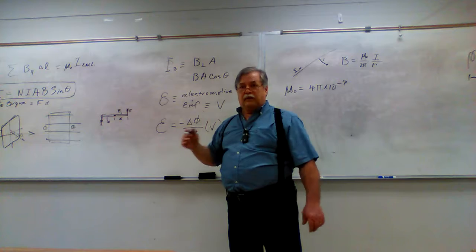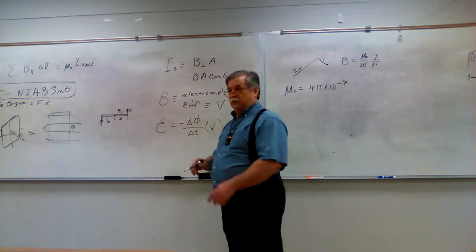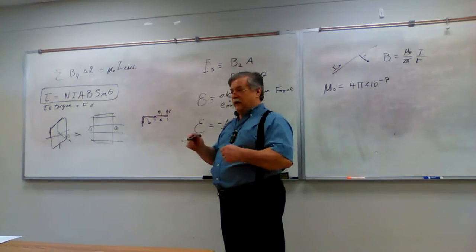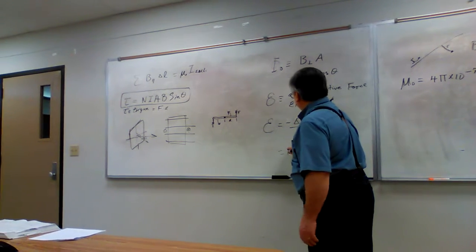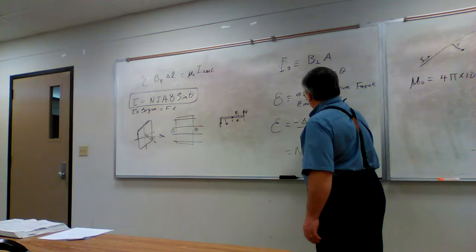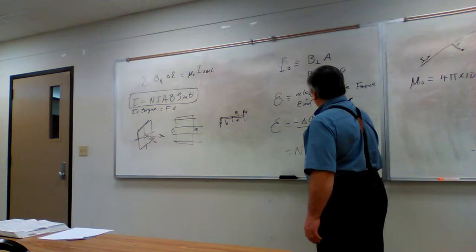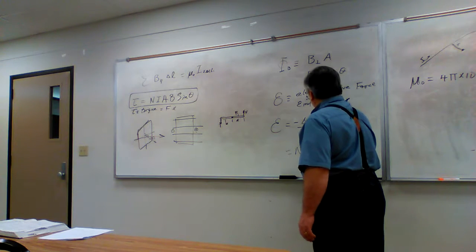If there is more than one turn in that coil, then this becomes N times minus delta phi over delta t.